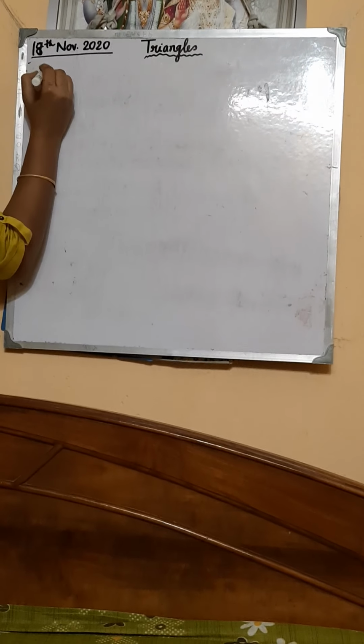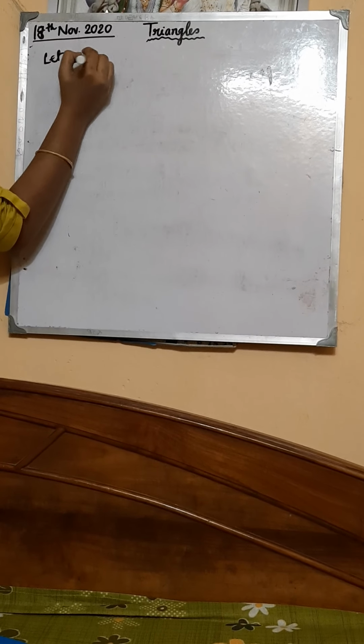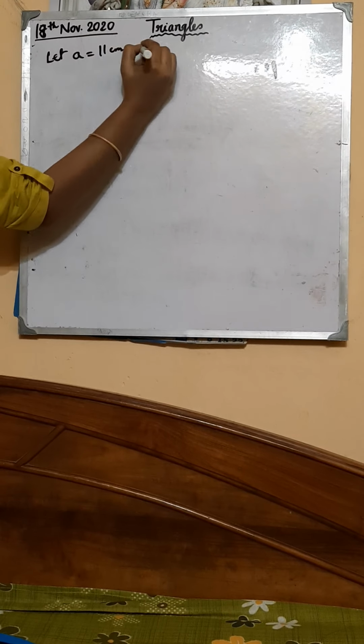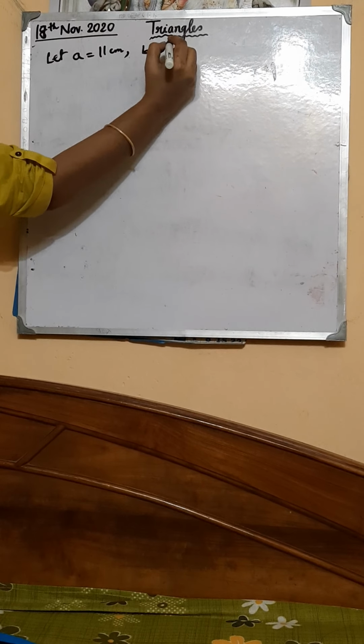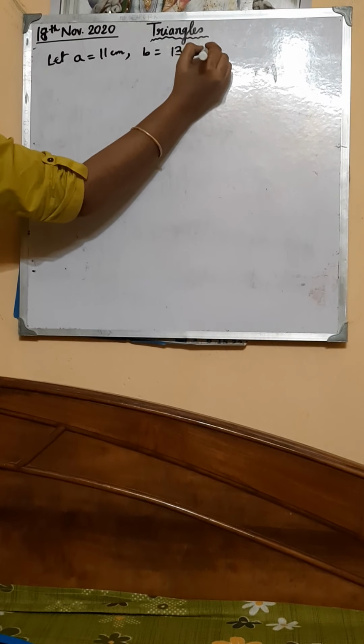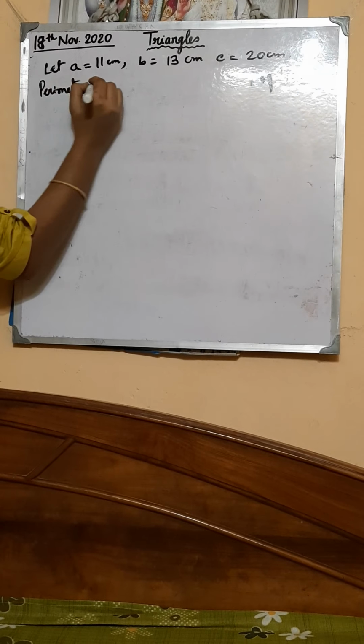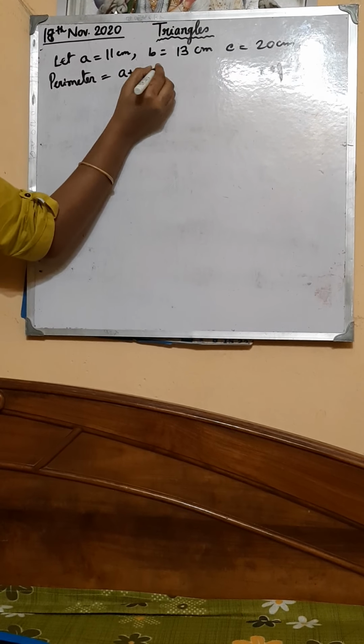That means let A equals 11 centimeter, B equals 13 centimeter and C equals 20 centimeter. We know that perimeter equals A plus B plus C.